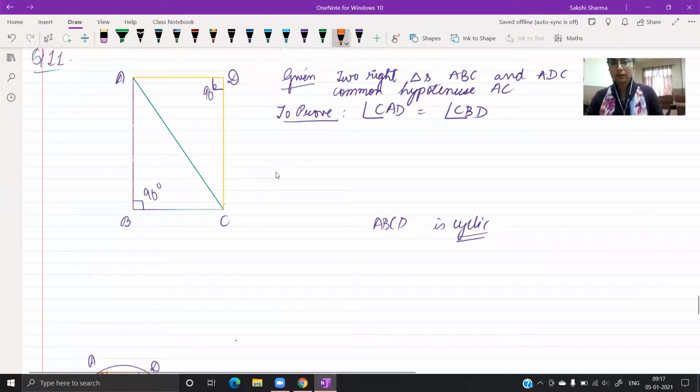Draw the figure to prove angle CAD is equal to angle CBD. I have not drawn CBD.